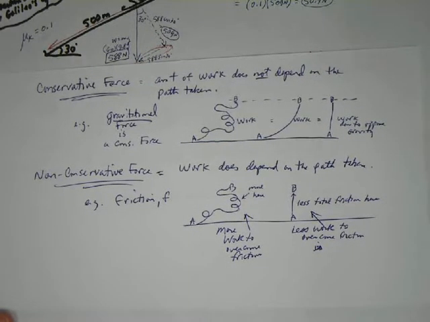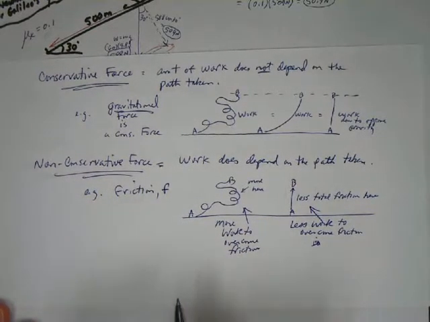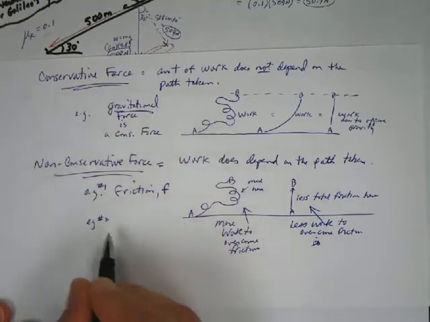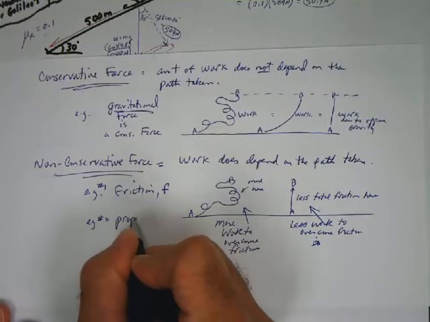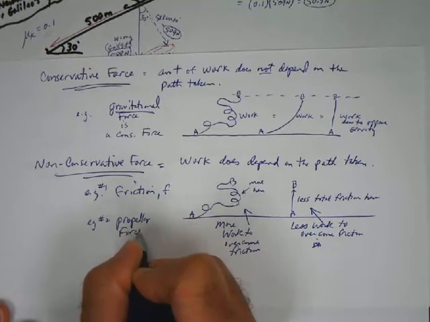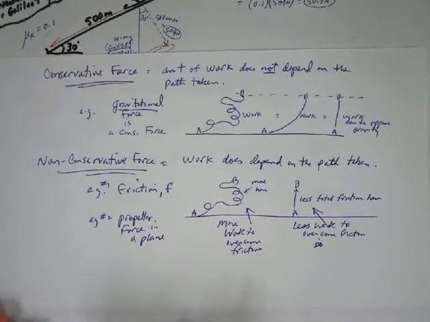Another example, so that's example number one, here's example two, would be the propeller force of an airplane. You can see the propeller would be doing more work if it had to do loops and so forth and fly a longer path than if it just took a shorter path.